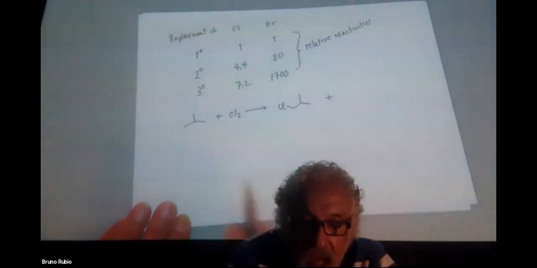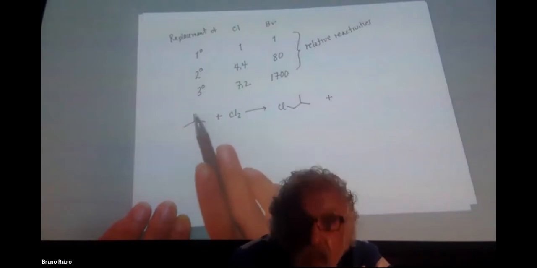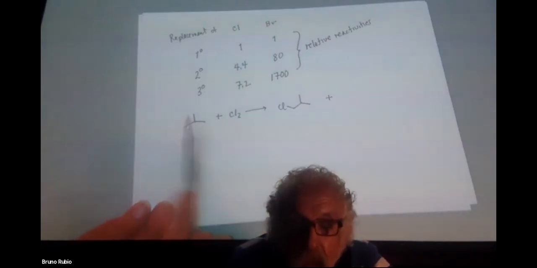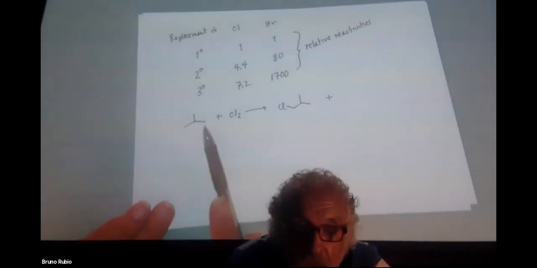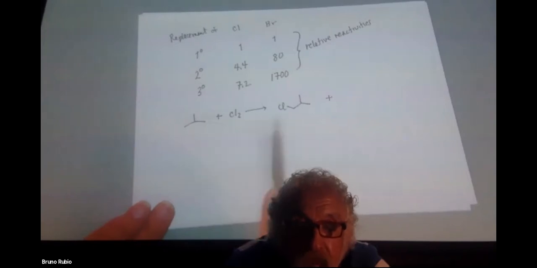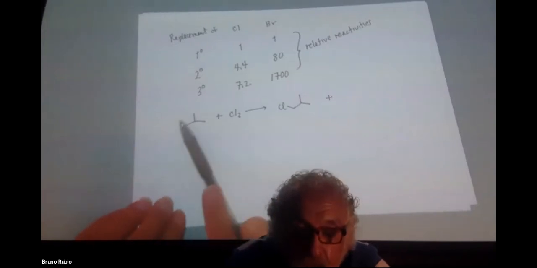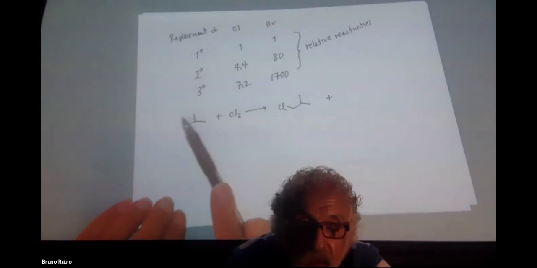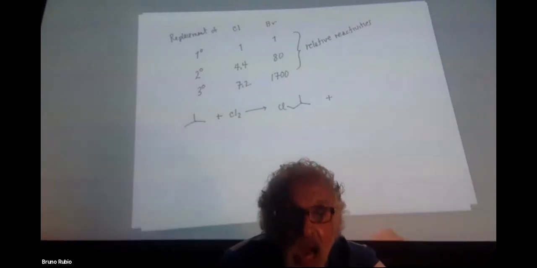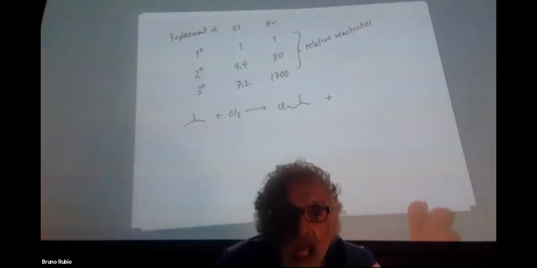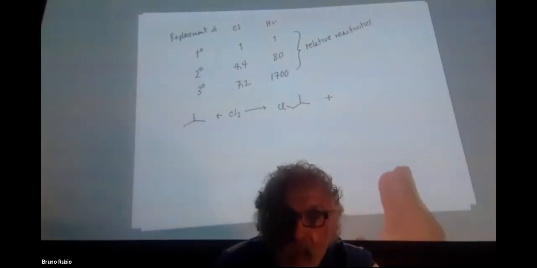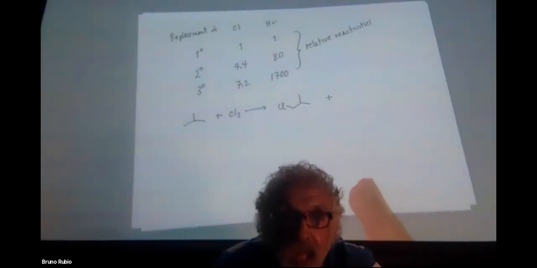But if we replace one of these hydrogens up here, we get the same thing. If we replace one of these hydrogens here, we get the same thing. So this molecule has 9 hydrogens that are chemically equivalent by symmetry and by a rapid mechanism, right?